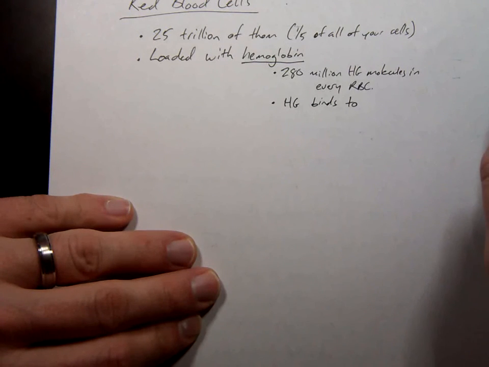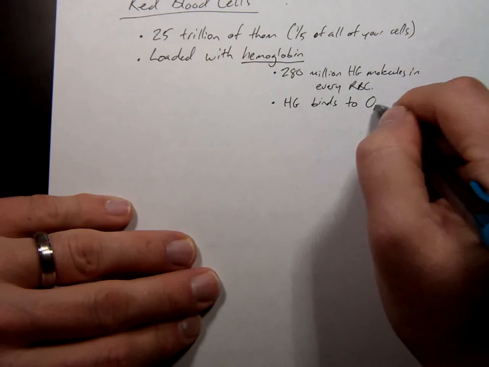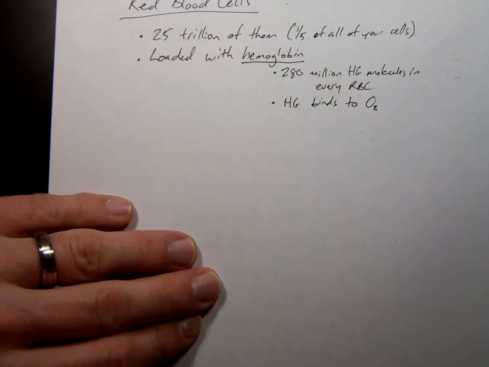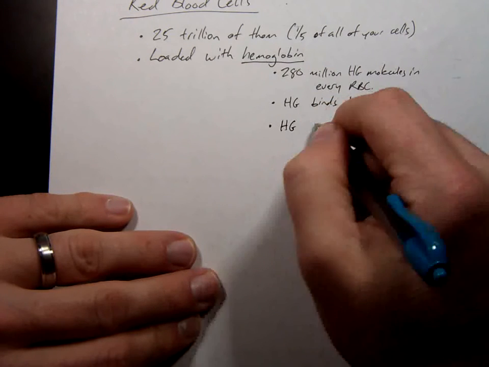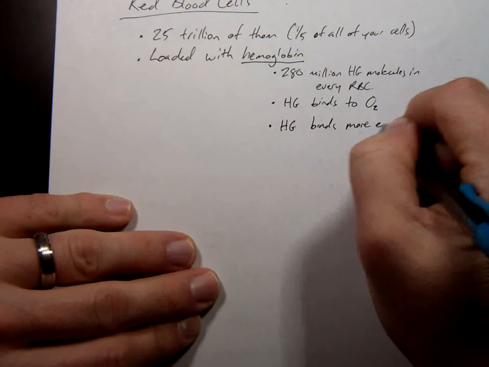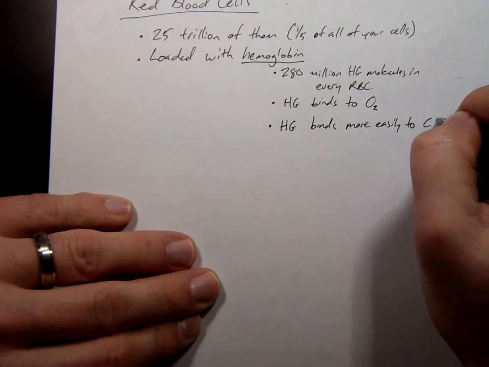Why do we need red blood cells? Yes. Hemoglobin is what actually bonds to the oxygen. Here's the unfortunate fact. Hemoglobin binds more easily to carbon monoxide.